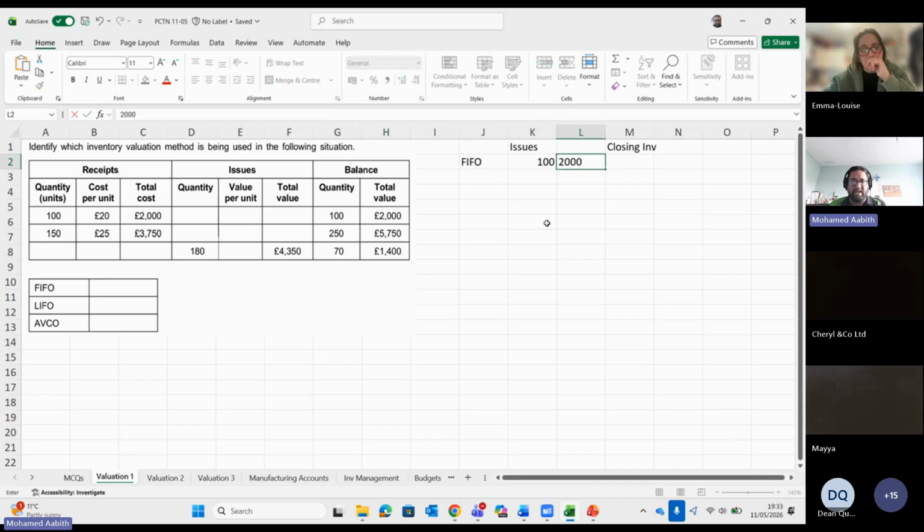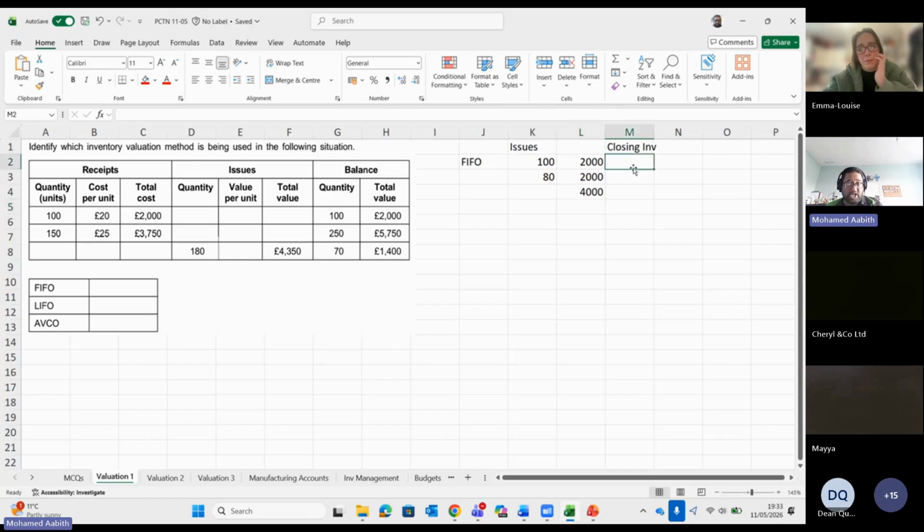And how many more do I need? Another 80. I'm going to dip into these 150 items and take 80 from there, but they are 25 pounds each. So that is 80 times 25, which is altogether 4,000 pounds. The value of the issue is 4,000 pounds, and it does not have that number there, so it cannot be FIFO.